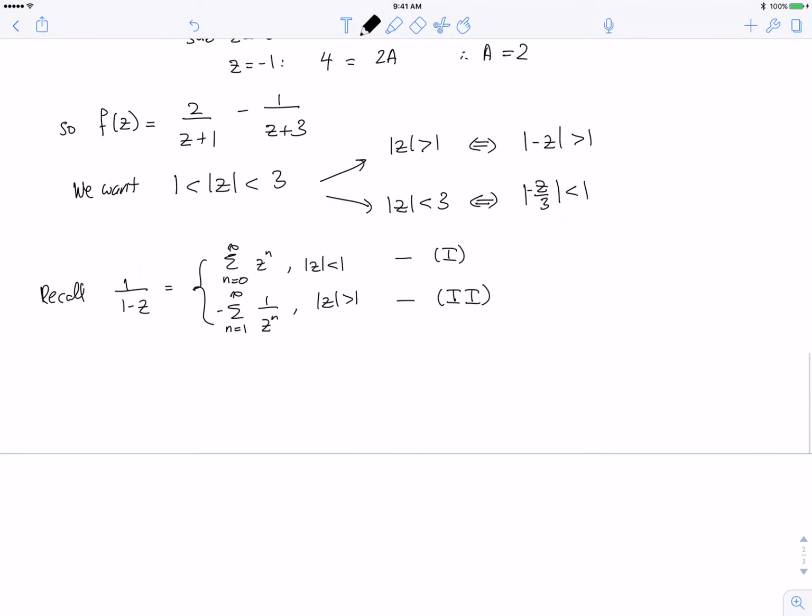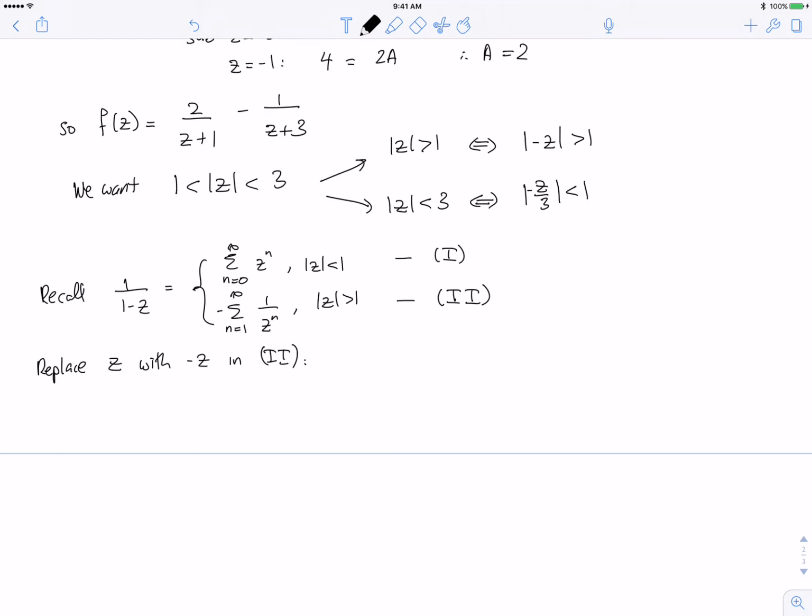Okay, so what I'm going to do is I'm going to replace z with minus z in II. Okay, so what is this going to, well actually, is that right? I should replace z with minus z in II, shouldn't I? Because I want the modulus of negative z to be greater than 1, not less than 1.